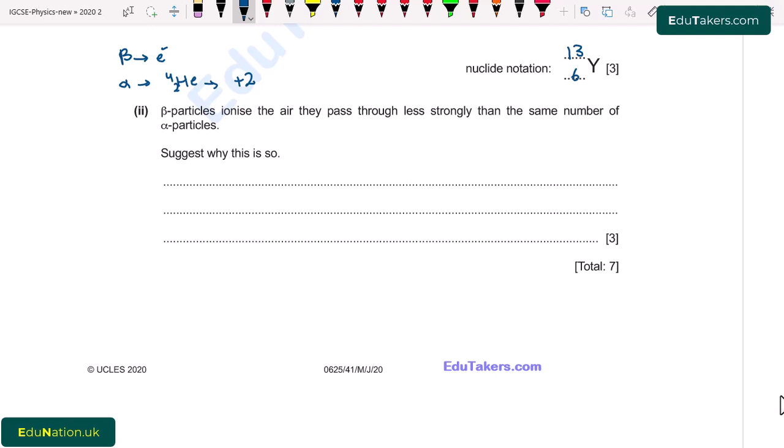So I write here beta particles have charge of small size. Also, they have smaller mass.